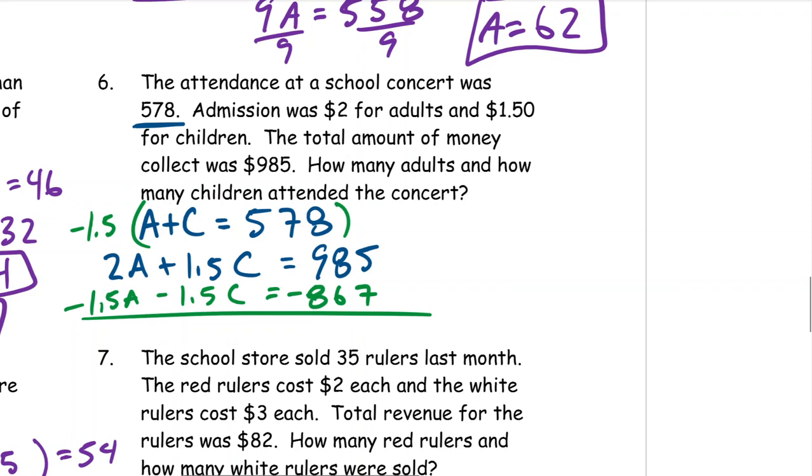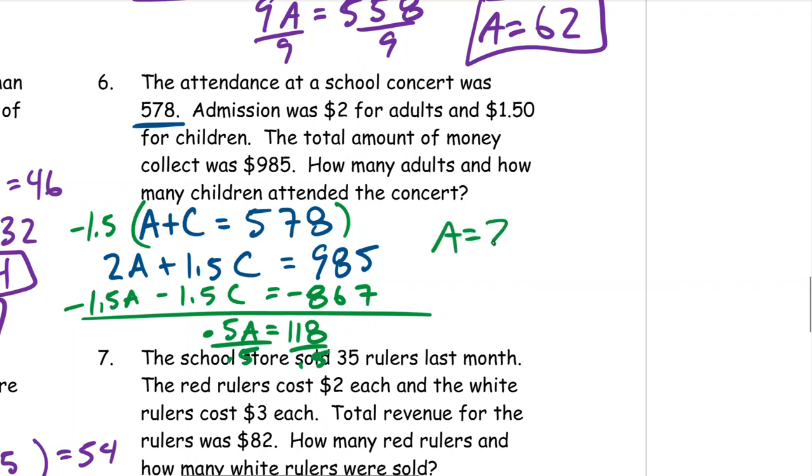So now we're going to get 0.5A equals 985 minus 867 is 118, divided by 0.5. So that means to multiply by 2.